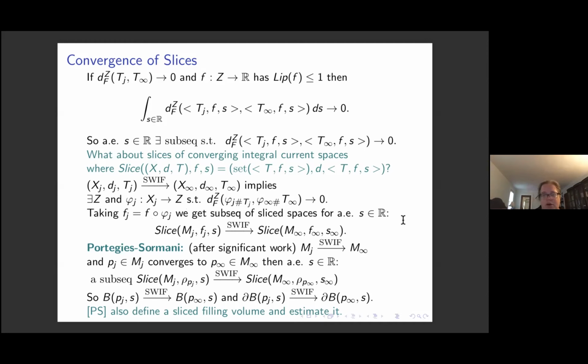What do you need? I want to control minimal surfaces. Okay, so what slice should we use to control those minimal surfaces? Are we going to have a sweep out defined like in Marques-Neves? Maybe your fj's come from the sweep outs that are actually achieving the width. Things like that. Nobody's done this work yet. This is all open for people to do. All of this is explained in the paper with Portegies and Sormani.